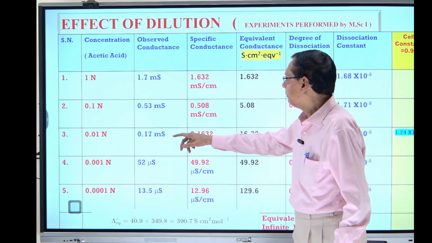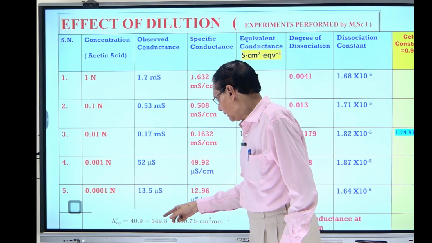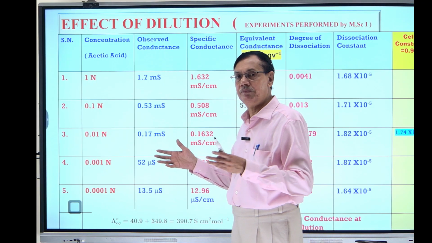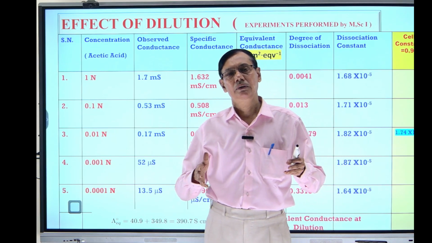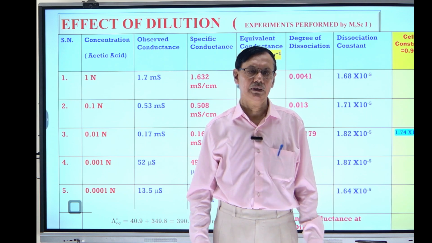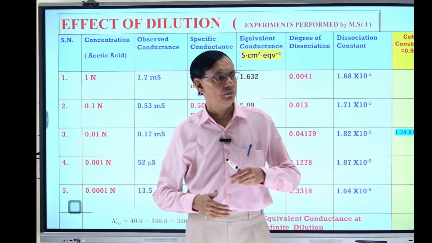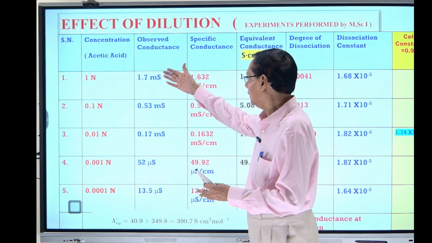My thing is that you see here, my students and research scholars have taken the values with the help of an indigenous model, an Indian-make conductometer. So there may be experimental error, there may be errors in solution preparation, so don't worry about the result.